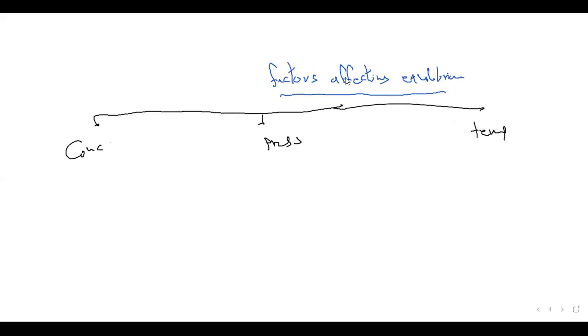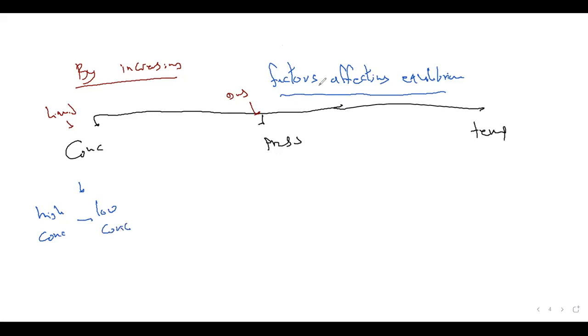In the case of concentration, which is for liquids, and pressure, which is for gases, by increasing concentration, the reaction moves from high concentration to low concentration.